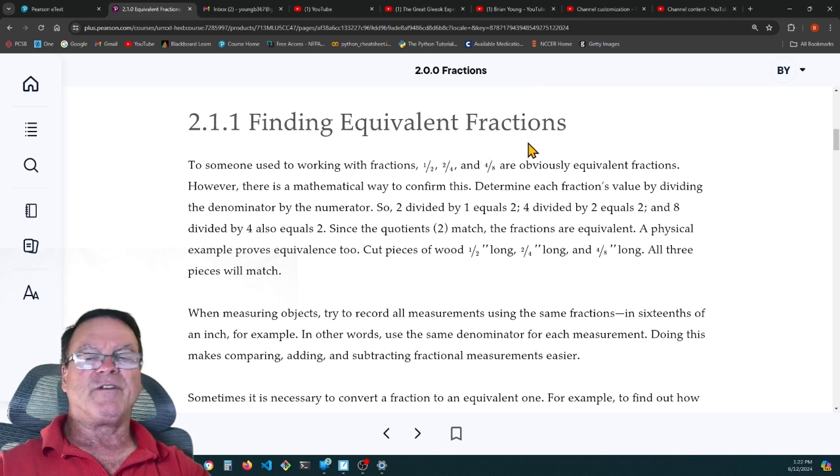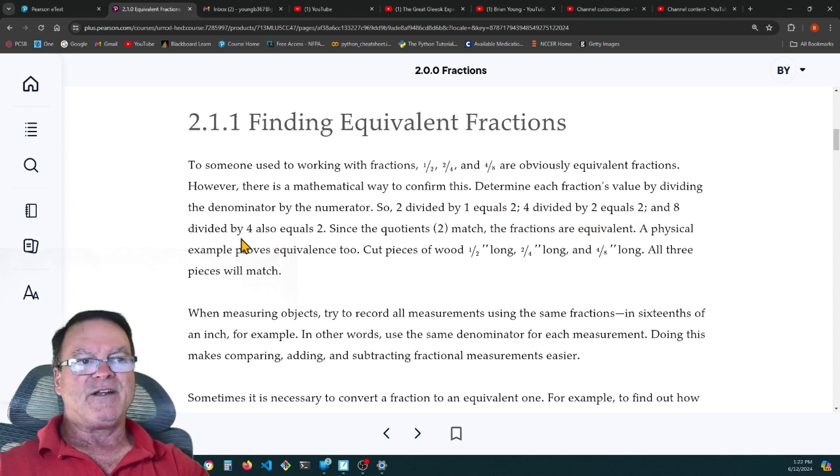2.1.1 Finding equivalent fractions. To someone used to working with fractions, 1/2, 2/4, and 4/8 are obviously equivalent fractions. However, there's a mathematical way to confirm this. Determine each fraction's value by dividing the denominator by the numerator. So 2 divided by 1 equals 2, 4 divided by 2 equals 2, and 8 divided by 4 equals 2.